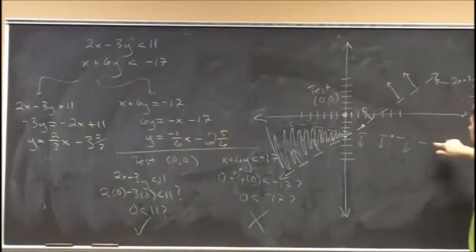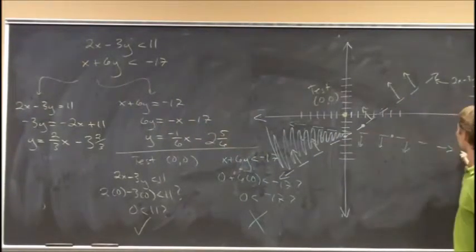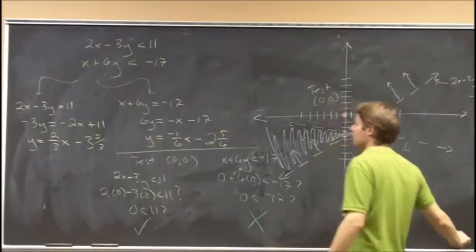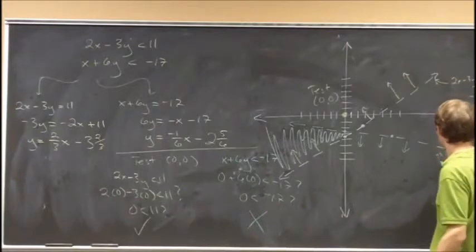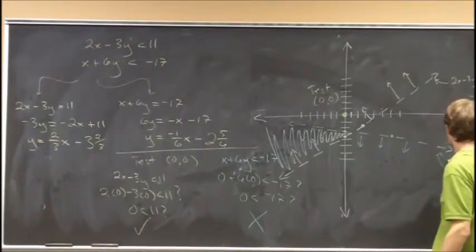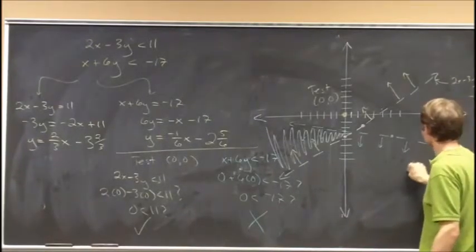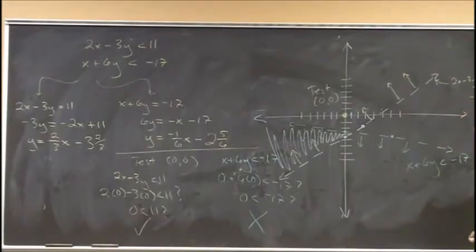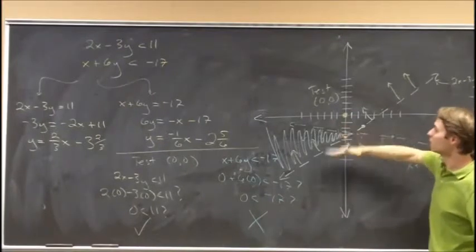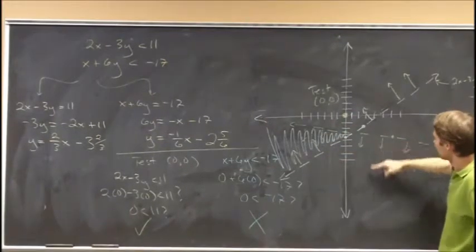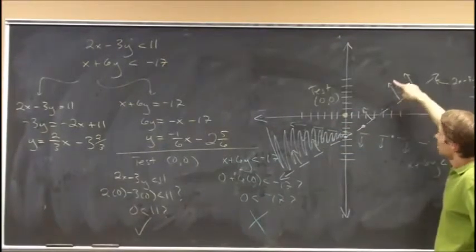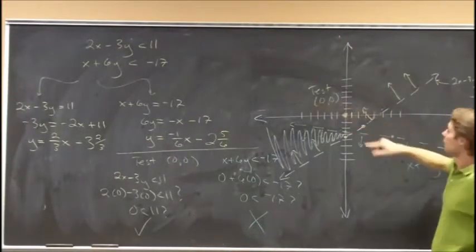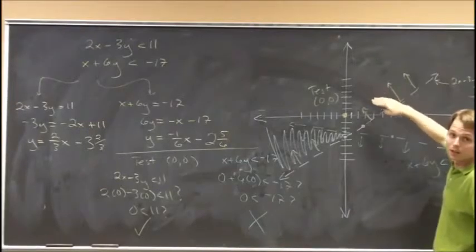Likewise, if you pick solutions here that are represented by x plus 6y is less than negative 17, we said all of these would be solutions. So if you pick anything in this region that's not covered by the yellow arrows, then these would be solutions to the second inequality, but not to the first inequality.